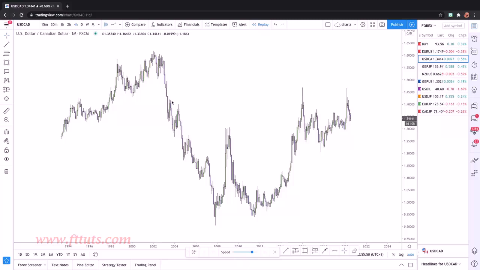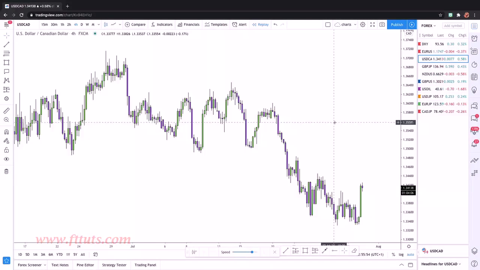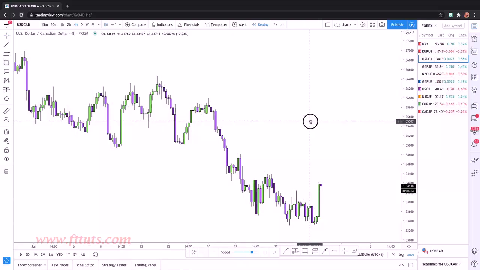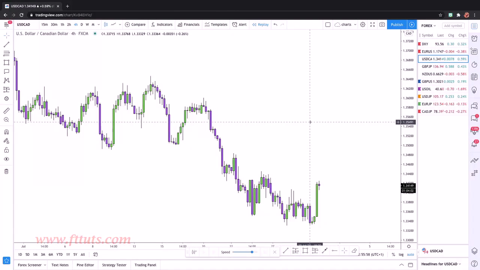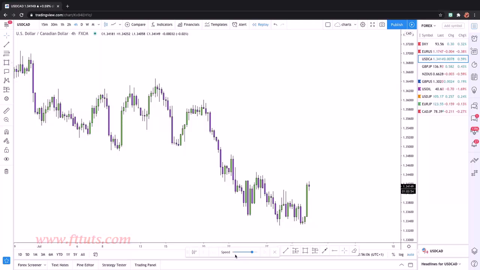So when you're drawing it on H4, you just want to look at current price and mark up where the market supported and where it rejected from the top. So all you're doing is looking at top and bottom. So for example here.